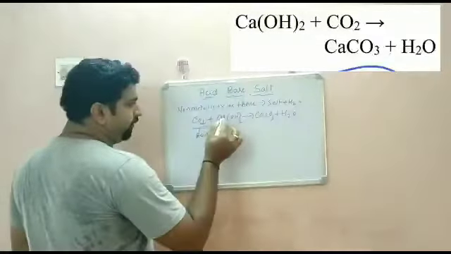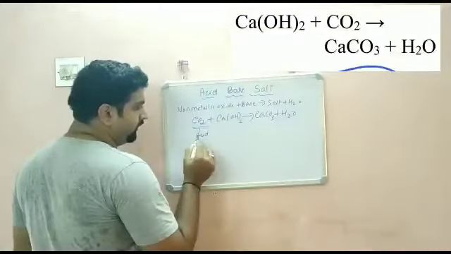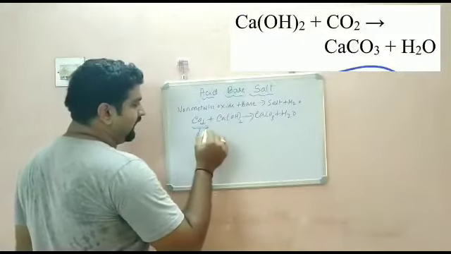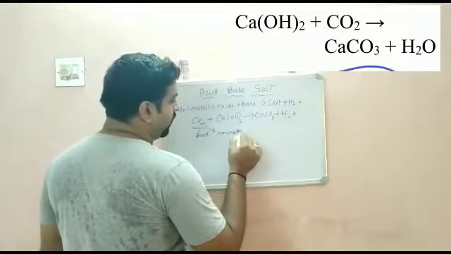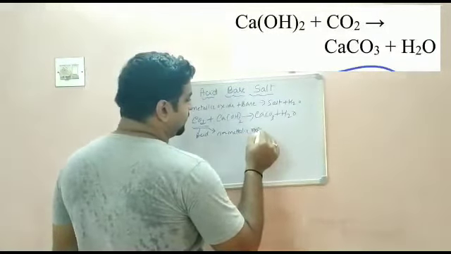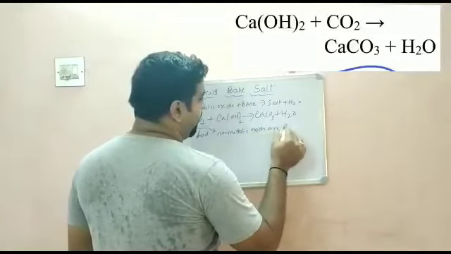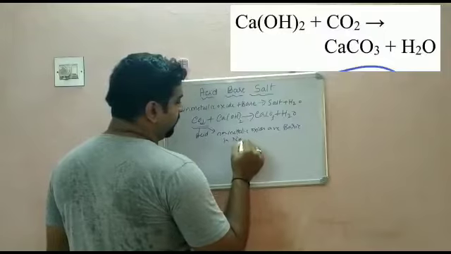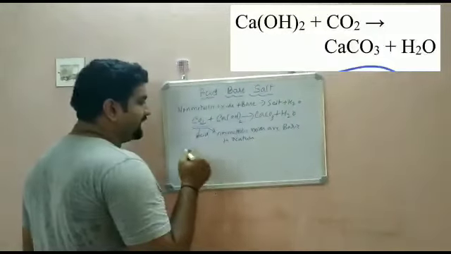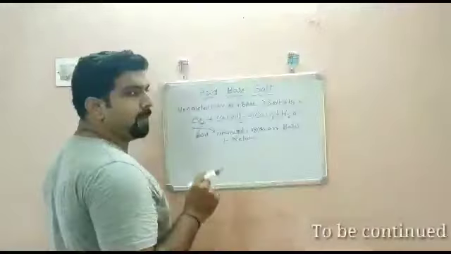Therefore, if this is a base, as we already know, this should be an acid. So we can say that non-metallic oxides are acidic in nature, or we say it is an acidic oxide.